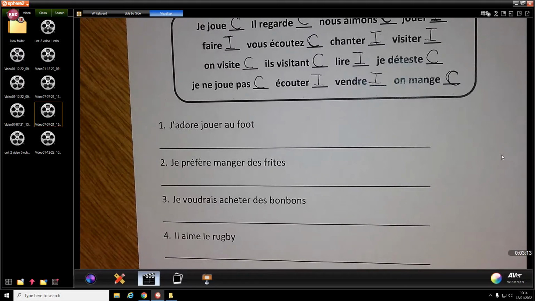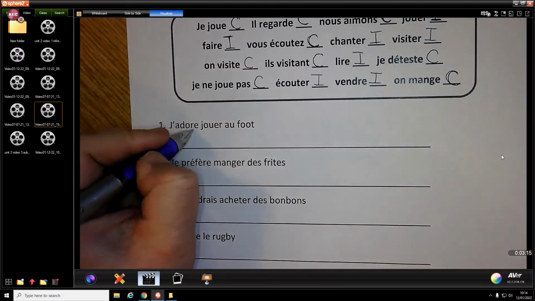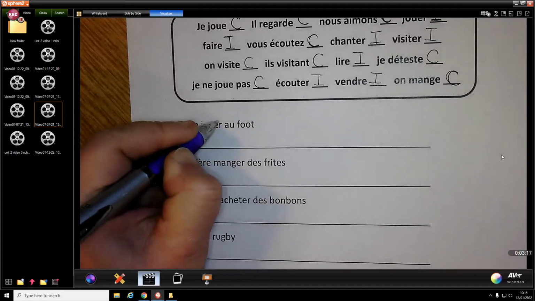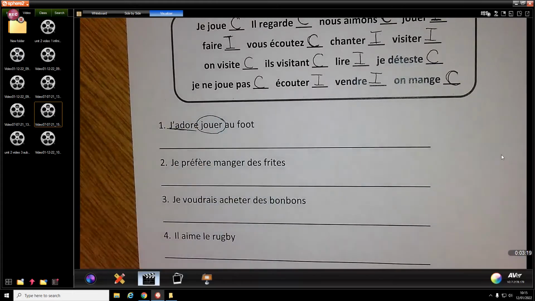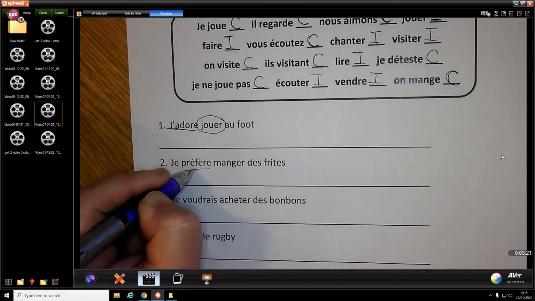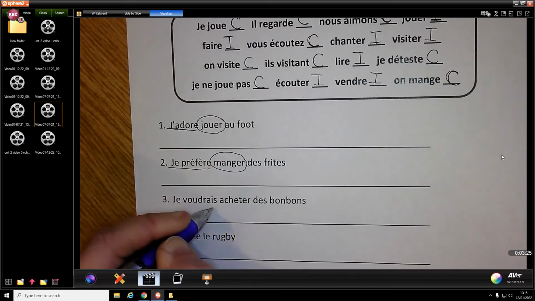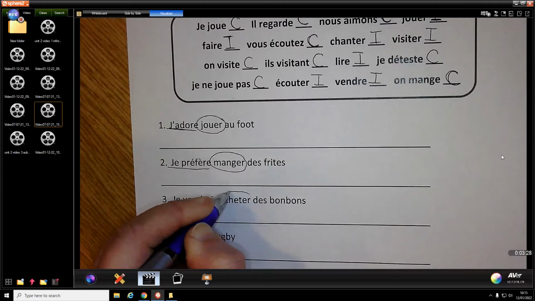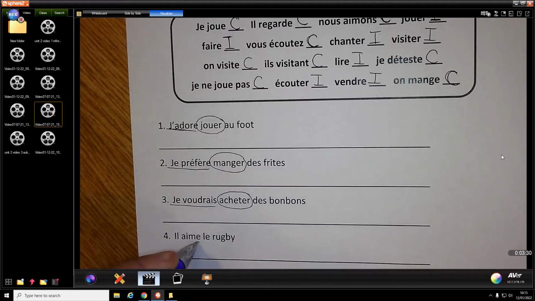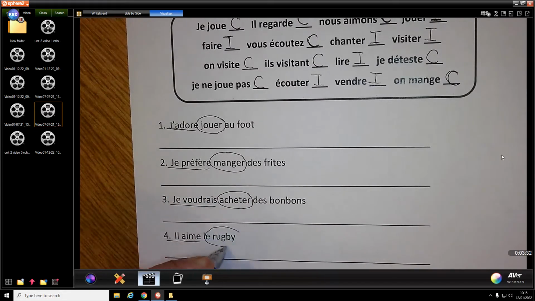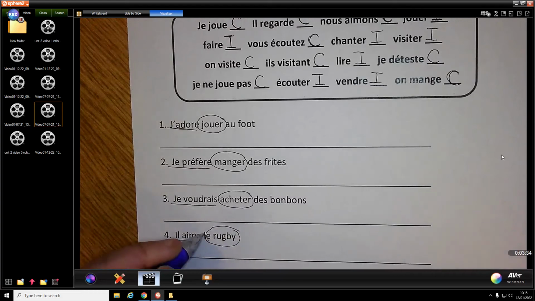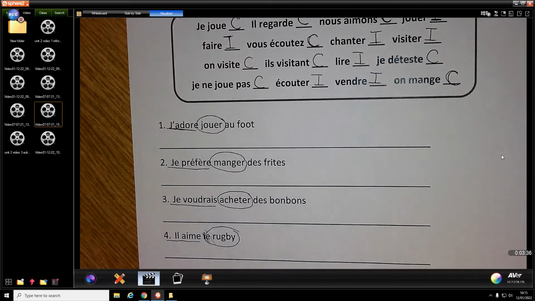Let's quickly double check that we can spot our conjugated verb followed by our infinitive. Here again in sentence 2, our conjugated verb followed by our infinitive. We have it in sentence 3, and we don't have it here in sentence 4. We will come back to that in a moment.